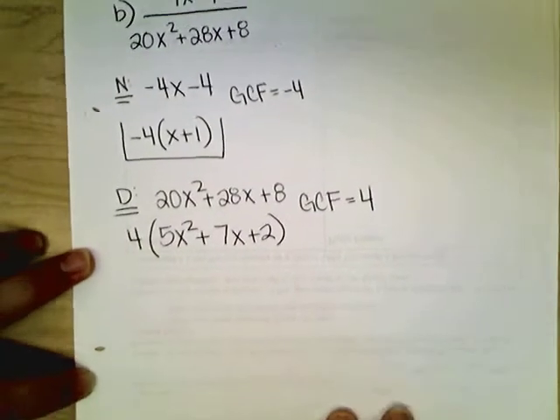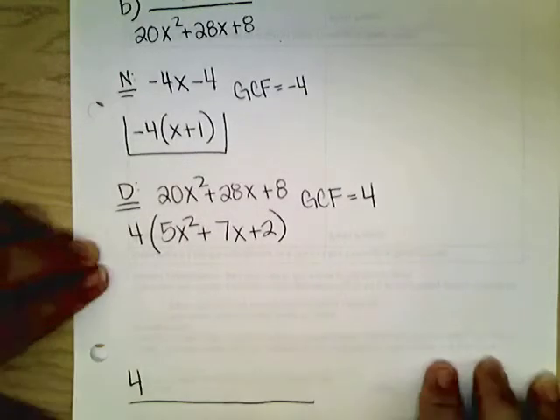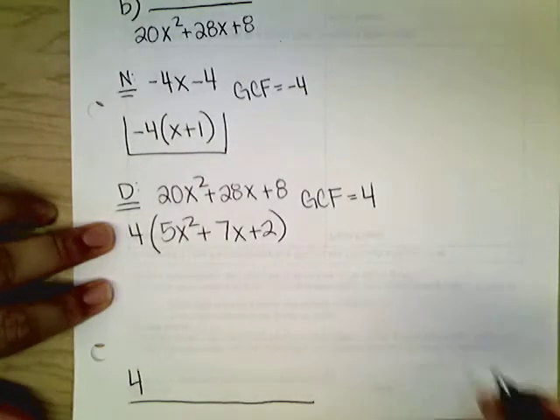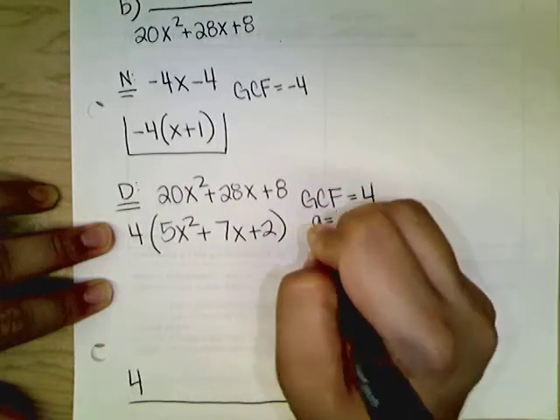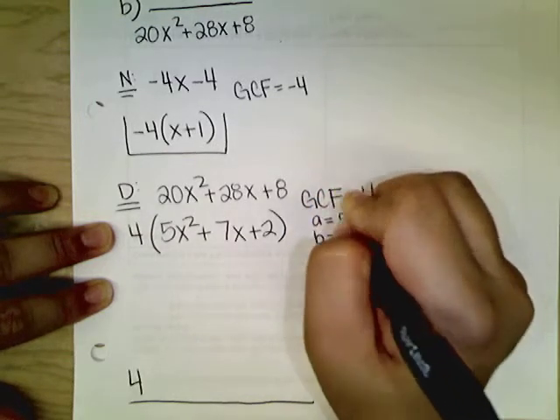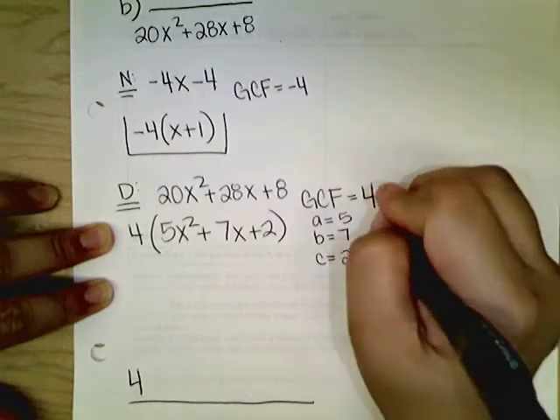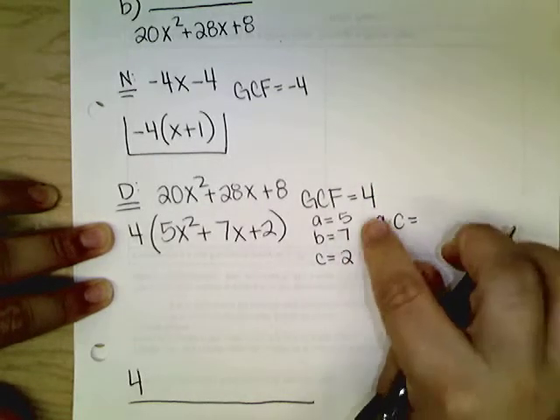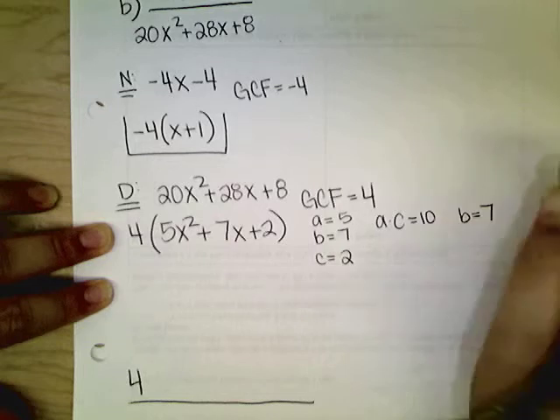Again, I'm going to have my factor line here on the bottom, so I don't need to drag the 4 down with us the whole time. Identify our A, B, and C as 5, 7, and 2. Then I'm going to multiply A times C, 5 times 2 gives us 10. B equals 7.